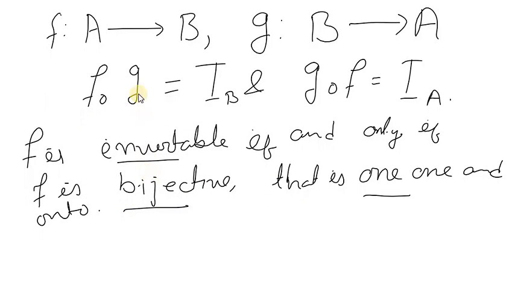If it is bijective, there will be something like this. But before that, to find whether it is bijective or not, first of all you have to see whether it is one-one and onto. If it is one-one and onto, then it will be bijective. So that will be the test. Invertible function means bijective function.